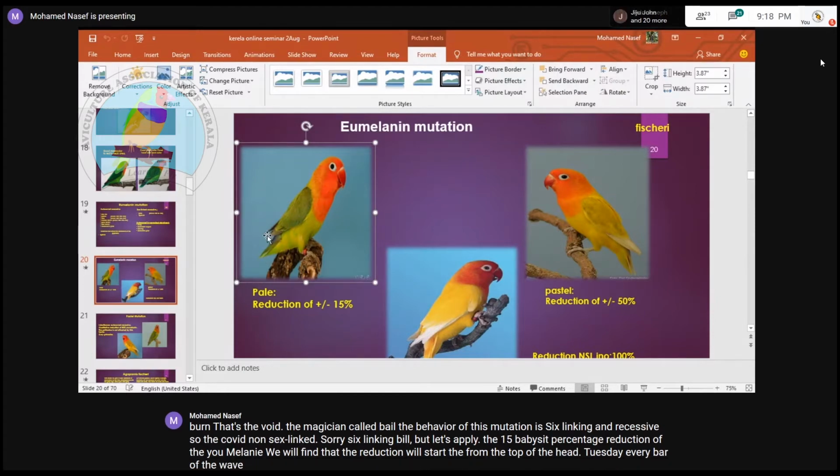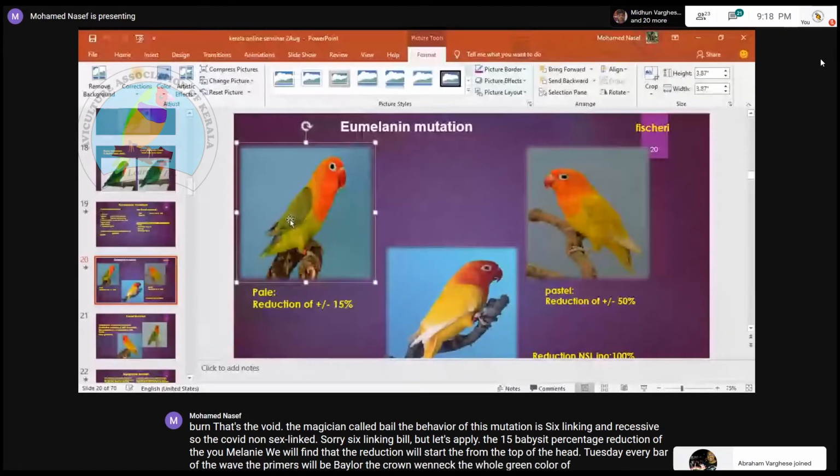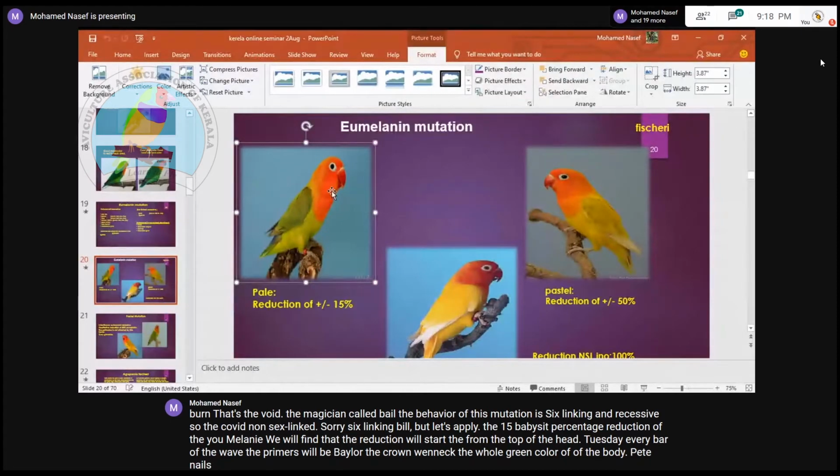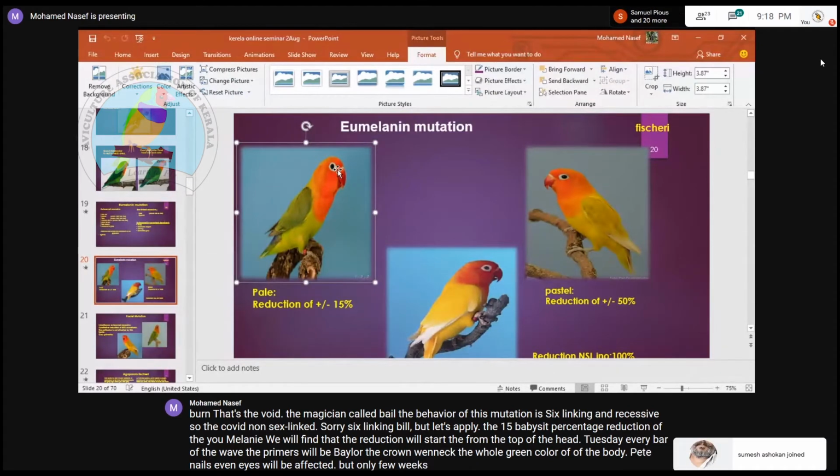The primaries will be paler. The crown, the neck, the whole green color of the body. Feet, nails, even eyes will be affected, but only a few weeks after hatching.